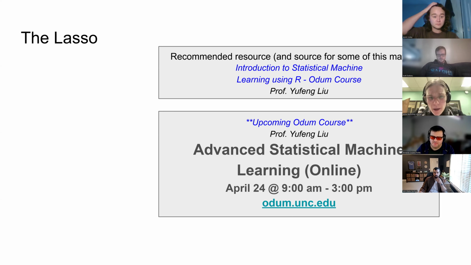And then there's an upcoming ODM course, which is Advanced Statistical Machine Learning, which happens online. It's April 24th. I'm signed up for it. Highly recommend. I think you have to put down a deposit of $35, but as long as you attend over 2/3 of the course, you get a full refund on that $35. So if this type of stuff interests you, I do highly recommend signing up for that ODM course.